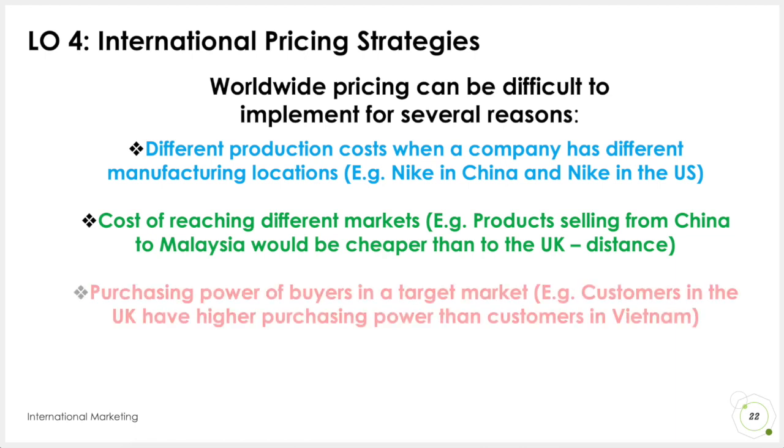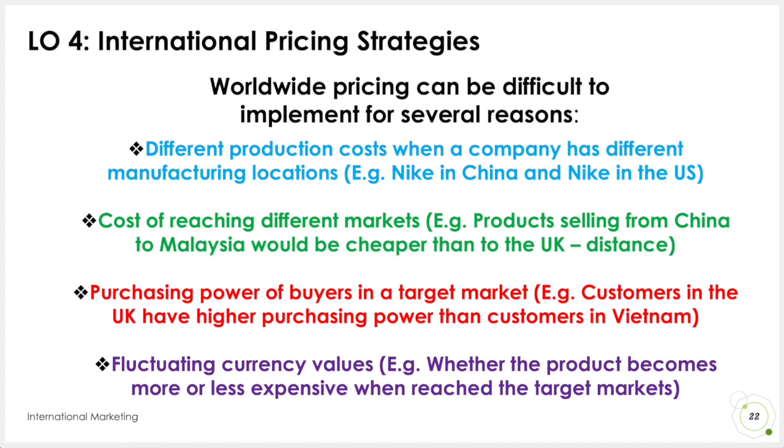Third, a company may decide to lower or raise a selling price to match the purchasing power of buyers in a target market. That is, a company typically has a higher selling price for customers in developed countries such as the UK, whereas a lower price for customers in developing and low-income countries such as Vietnam, Africa, and others.